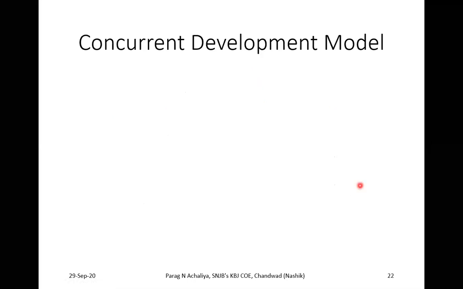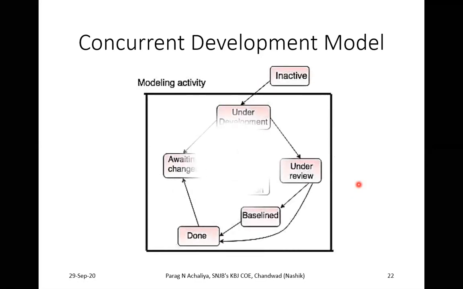Then next is your concurrent development model. In this concurrent development model, you can see this. The system will start doing its modeling activity. Now, this concurrent development model is basically for the modeling activity, to design the models.